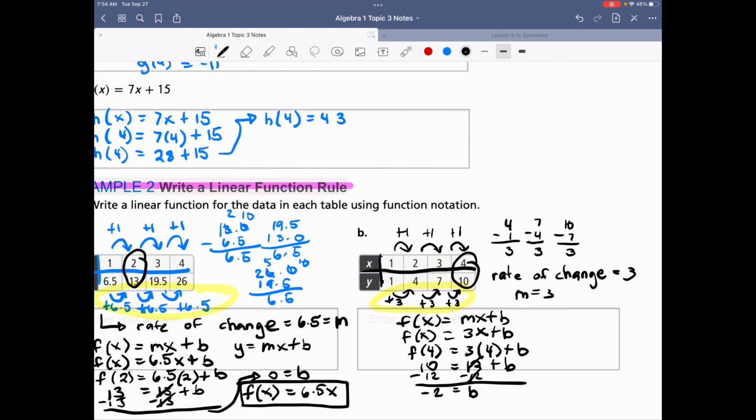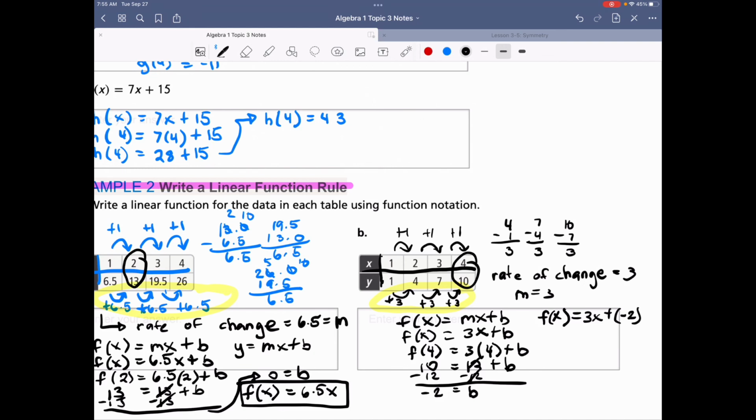And so with all of this, we now have our m and we now have our b. We go back to our function form and just plug in those numbers. So m is 3x, and of course we have plus, and then b was negative 2.